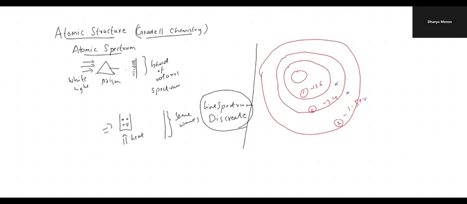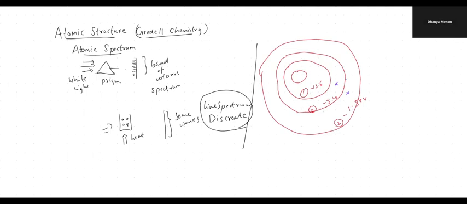So, students, only some particular waves are emitted that depend upon the difference in the energy levels. So some fixed energy waves are emitted. It cannot absorb or emit any amount of energy. It emits or absorbs only a fixed amount of energy that matches with the energies of the orbitals.